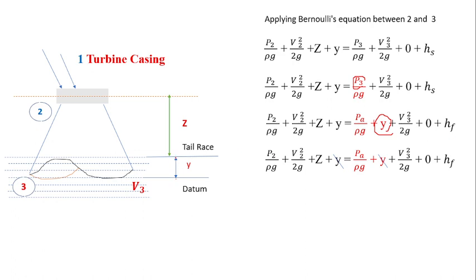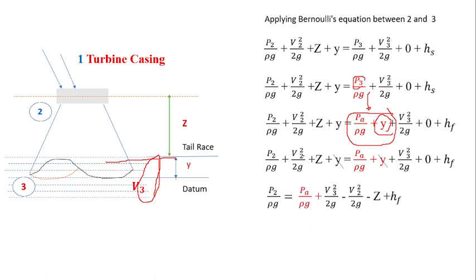Here the atmospheric pressure PA by rho g plus y equals the P3 by rho g value. We cancel out y, and P2 by rho g equals PA by rho g plus V3² by 2g minus V2² by 2g minus z plus Hf. On simplification, P2 by rho g equals PA by rho g minus (z plus (V2² minus V3²) by 2g minus Hf).